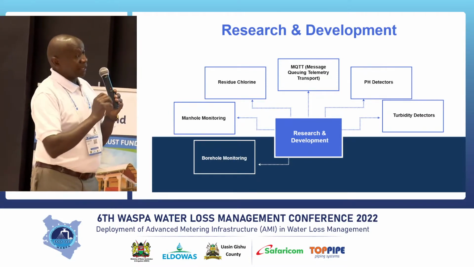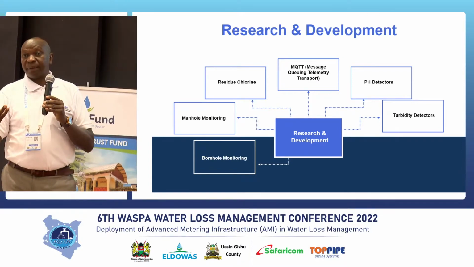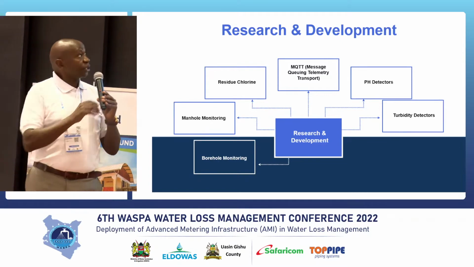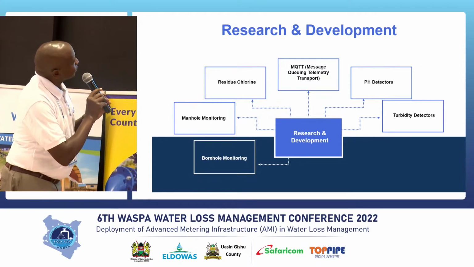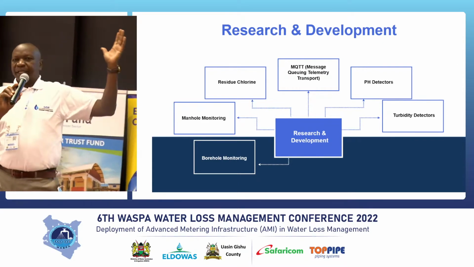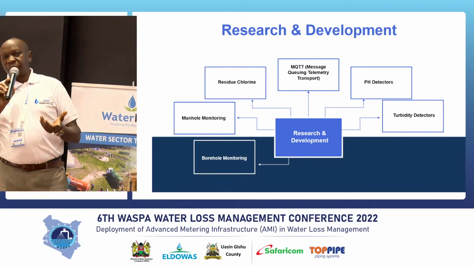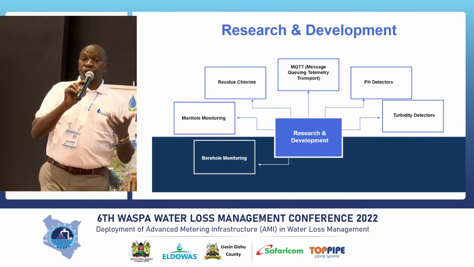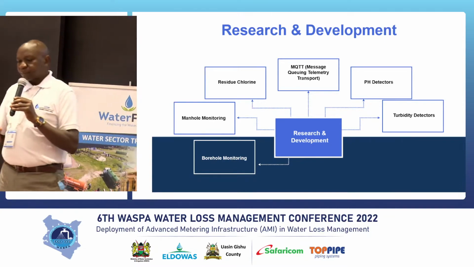We are working on the ability to manage a meter remotely from the comfort of an SMS integration. And we have manhole monitoring. When people tamper with manholes, it's good that you get informed so that you know what's going on in there. And we've got borehole monitoring solutions.